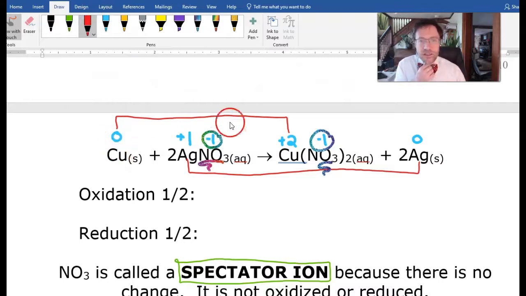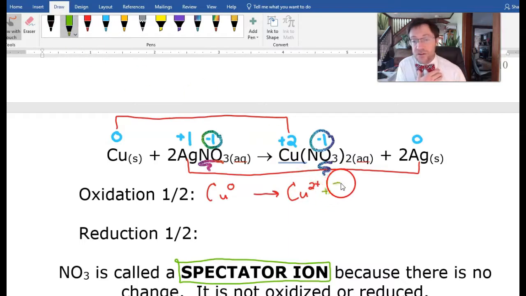So let's go. Oxidation. Copper goes from 0 to +2. That's got to be oxidation. So 0 is going to turn into +2, because oxidation is losing electrons, so it's losing negative charge, and I need two electrons, right? So +2 -2 is 0, 0 on that side. Everything is spectacular. Now let's look at reduction.